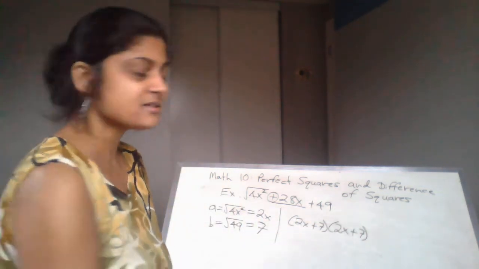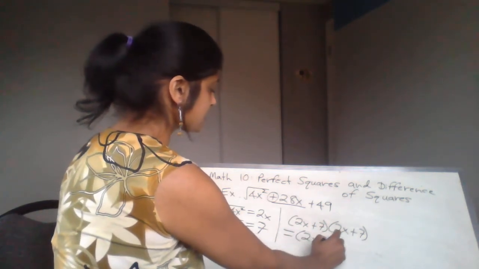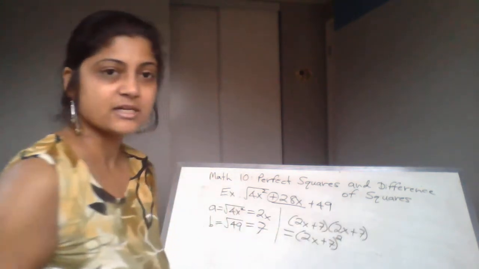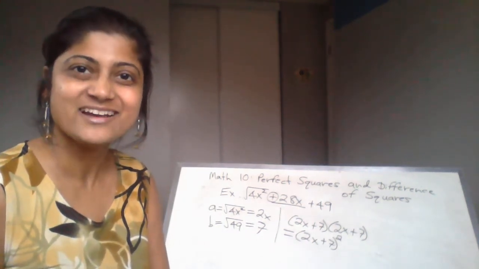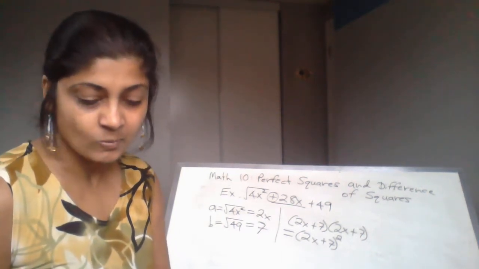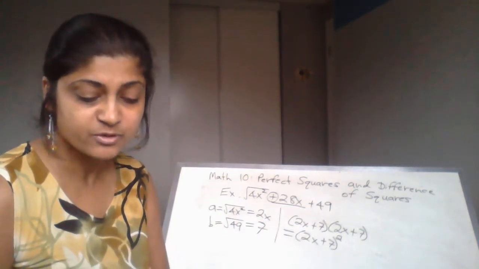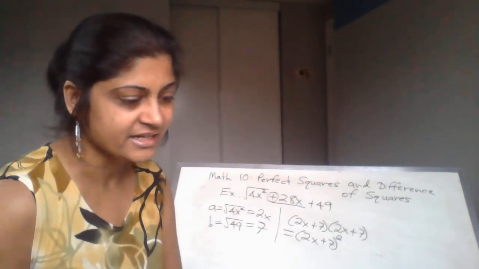So it looks like this, and that's why it's a perfect square trinomial. It's 2x plus 7 whole squared, so I can put the squared outside the brackets here. Does everyone see that? So that's all we're doing here. We are verifying that the trinomial is a perfect square, and then we are factoring the answer.